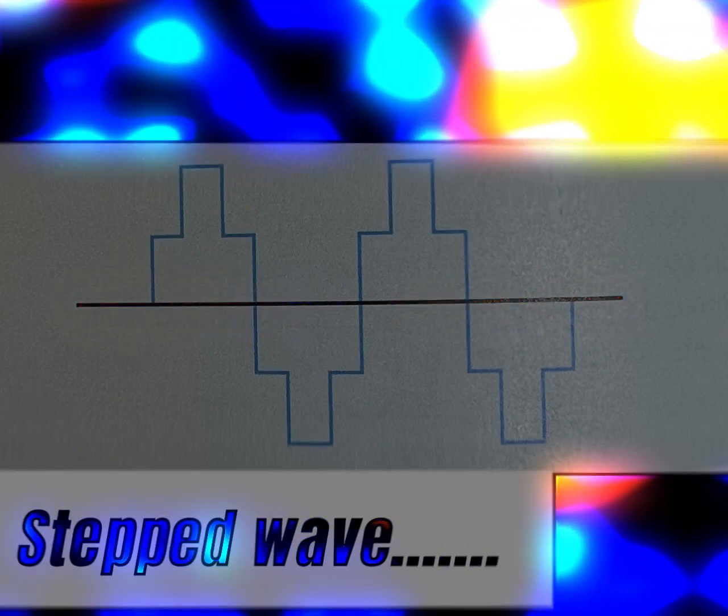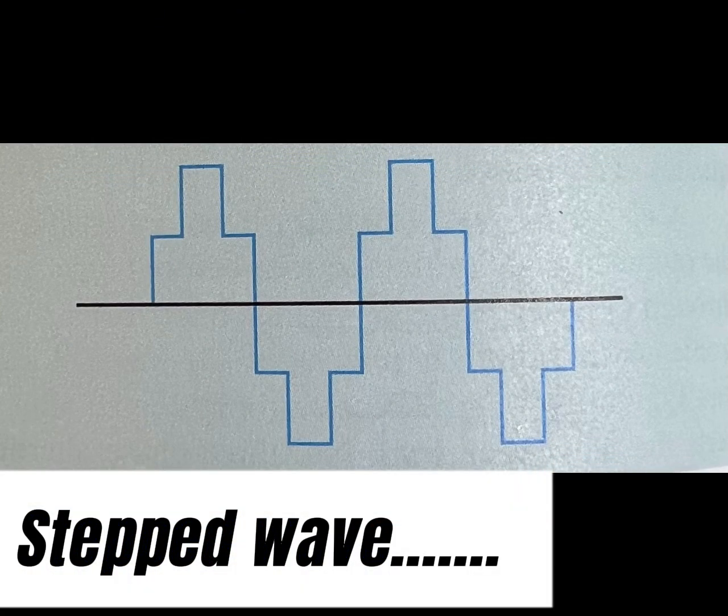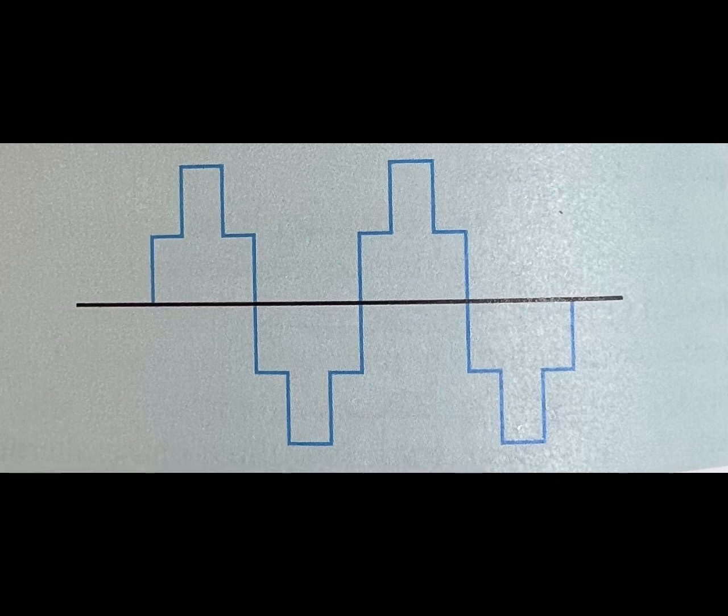Now assume that transistors Q1 and Q4 have been turned off, and transistors Q3 and Q6 have been turned on. Current can now flow through transistor Q3 to T2, from T2 through the motor to T3, and through transistor Q6 to negative.